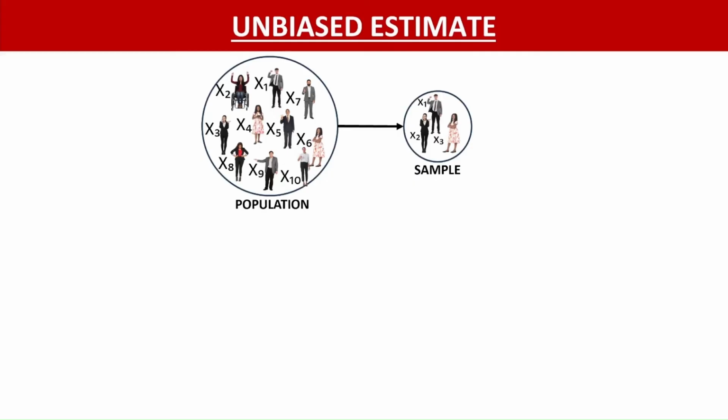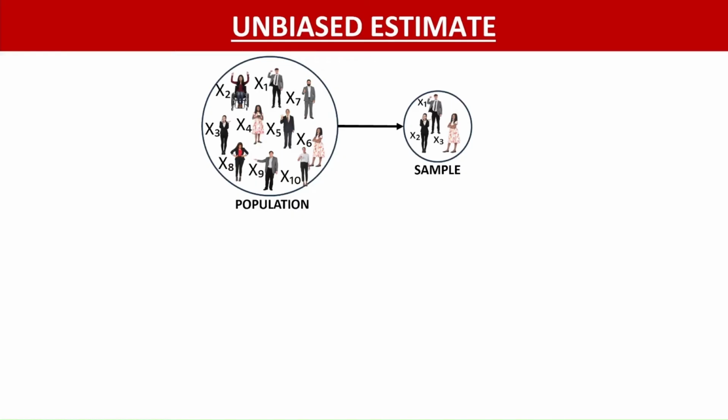Now let us come to unbiased estimate. Suppose you have a population and you want to calculate its mean. As we have discussed earlier, since the population size is too large, it is difficult or impractical to calculate its statistical constants. So what we will do is take a sample out of this population and calculate its mean.